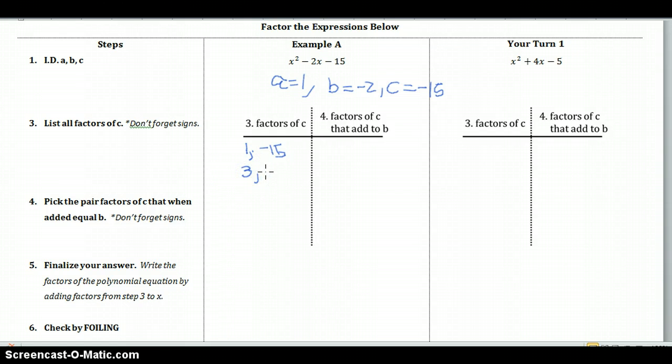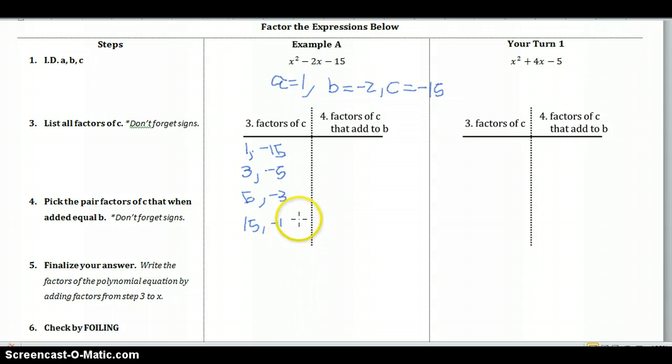So the next number I can think of is 3, and I can multiply 3 with -5, and that'll give me -15. Above 3 the next number is 5, and I can multiply 5 and -3 to get -15, and above that I have the number 15, which I can multiply by -1.